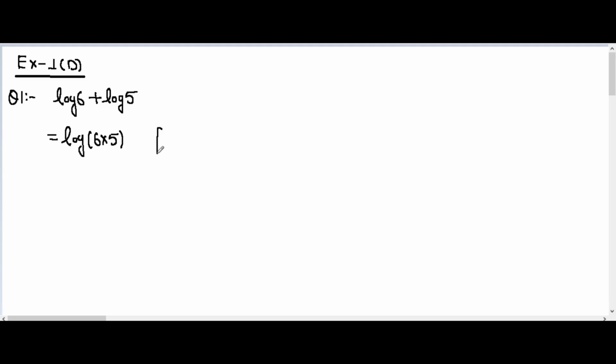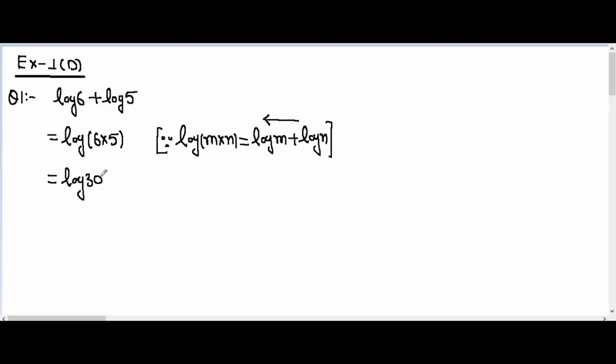Rule number 1, as we said: log of m into n is equal to log of m plus log of n, and you read it in reverse, right to left. So log 6 plus log 5 is equal to log of 6 into 5. That means we have log of 30, and log of 30 is option B, so B is the correct option.